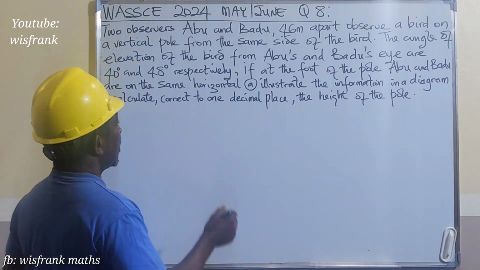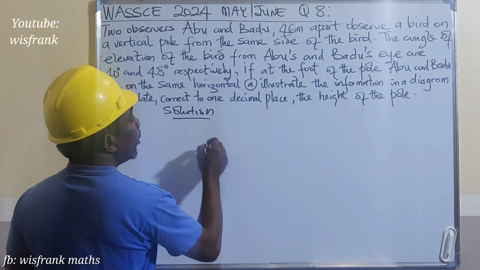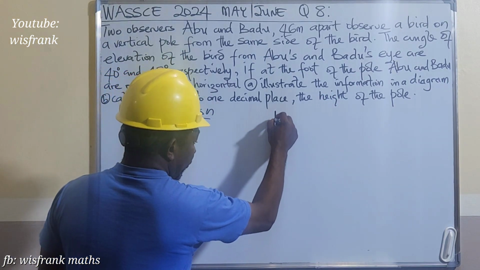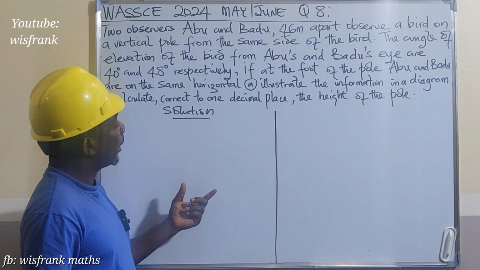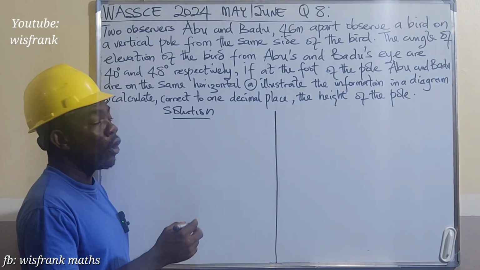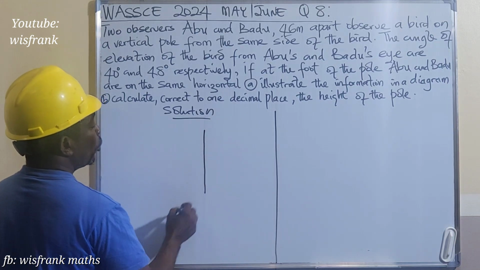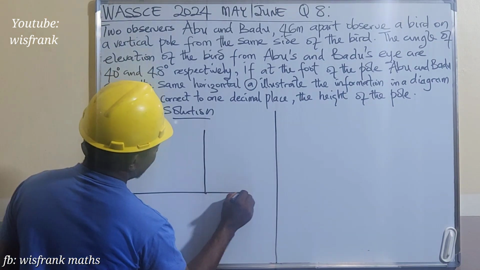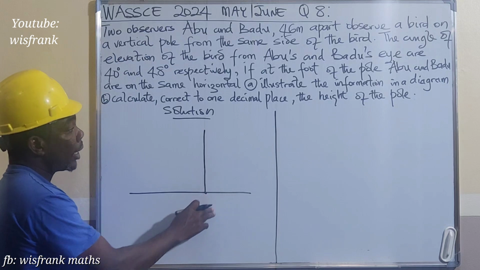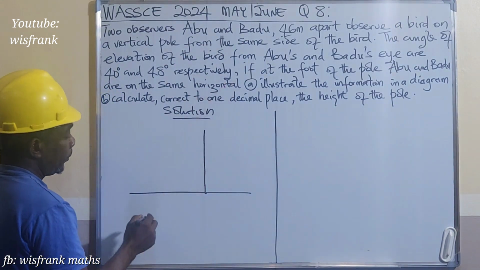So in this case, we are going to find the height of the pole from the angle of elevation, taking the pole as the point where the bird perches. Assuming we have a pole this way, and this is the horizontal ground where Abu and Badu are.